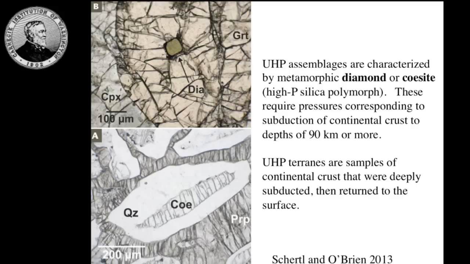The diamond, everybody knows, is pure carbon. Coesite is a high-pressure silicon dioxide polymorph. And to reach these, you have to get to depths of 90 kilometers or more deep in the earth. So all UHP terranes are samples of continental crust that were deeply subducted and then brought back to the surface.